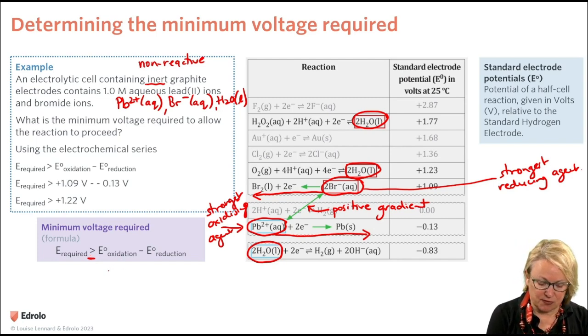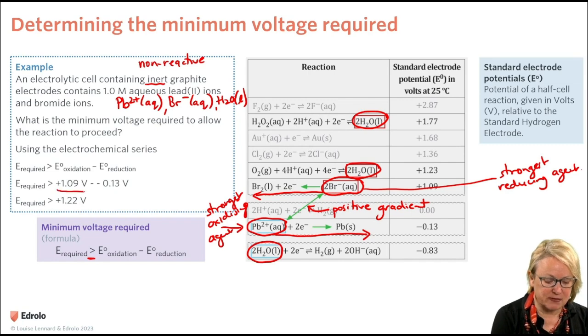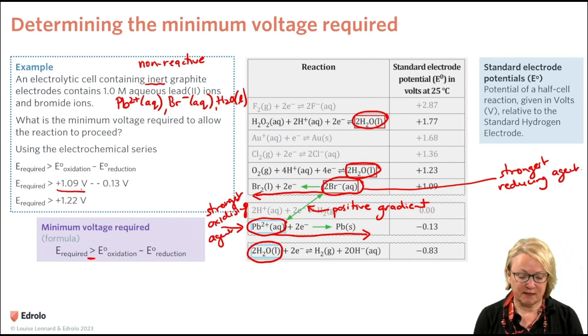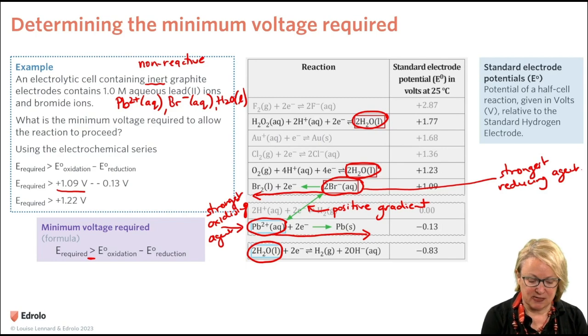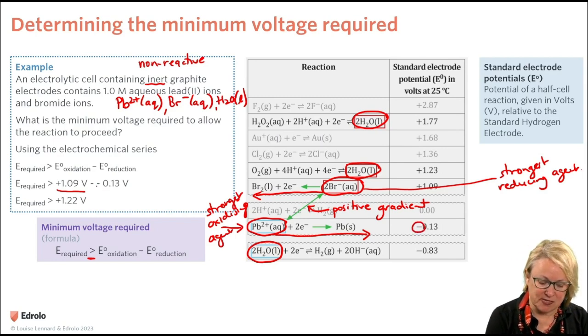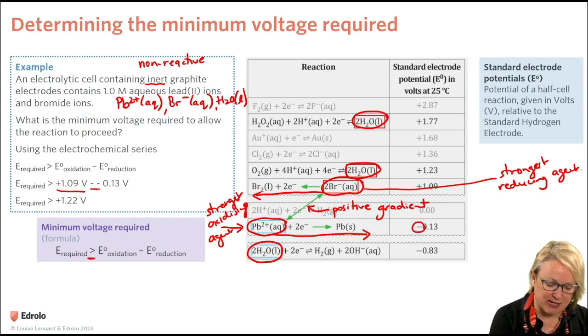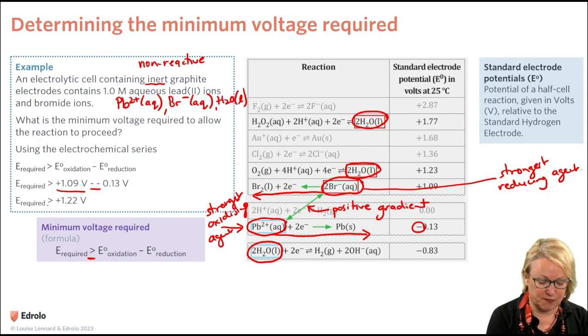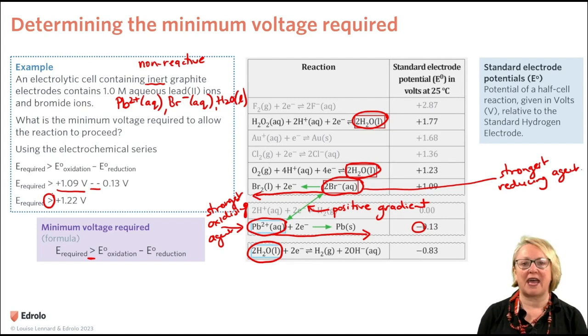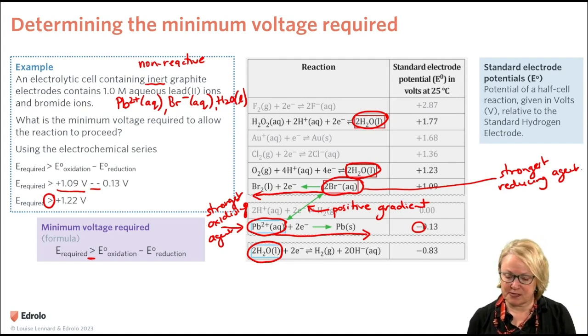So we take the E naught of the oxidation, plus 1.09 volts, we subtract, and in this case we've got a negative sign. We subtract, so we've got negative, negative, which makes a positive. So we end up with 1.22 volts, but we need more than that 1.22 volts.